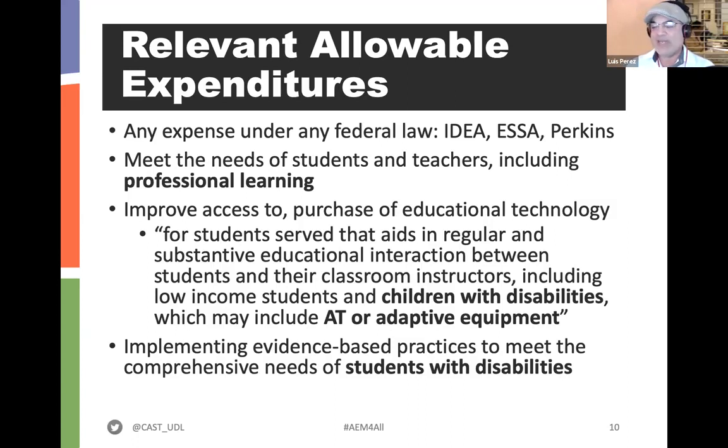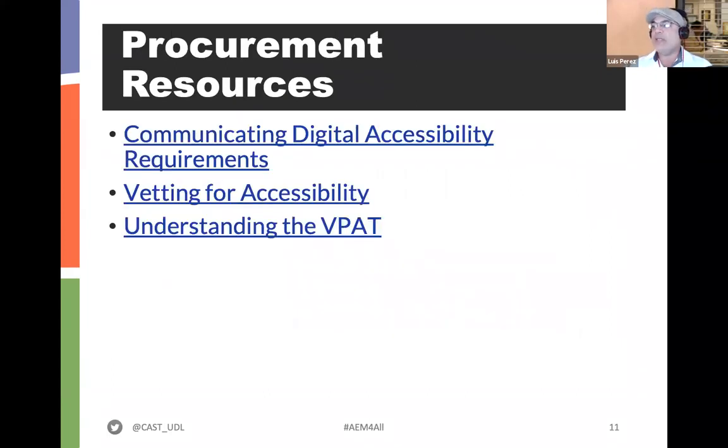So this is a great opportunity to think about procurement in terms of accessibility and interoperability. There are a number of resources on our website that, if you haven't checked them out in the past, I would encourage you to visit. We have pages on communicating digital accessibility requirements.